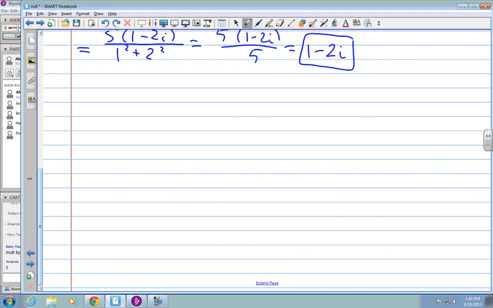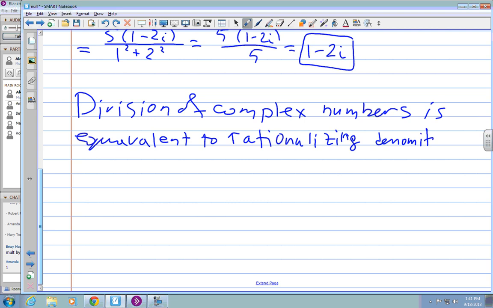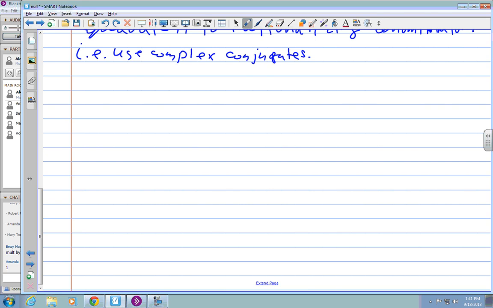So division of complex numbers is equivalent to rationalizing the denominator. I have some spelling issues today. So use complex conjugates.